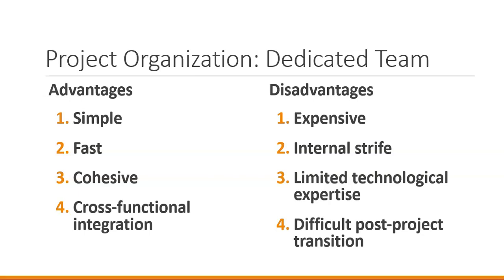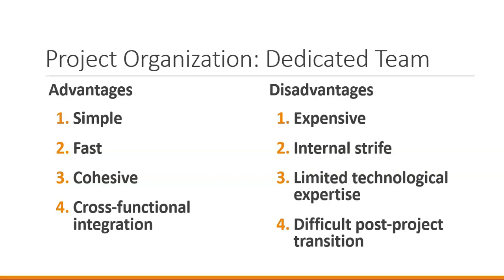We can also cause internal strife, where our functional managers, the managers of our functional departments such as marketing, might disagree with what the project manager is doing within their area of expertise. They might think that they should have some say over things happening on the project.